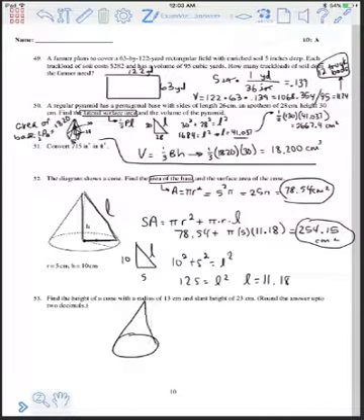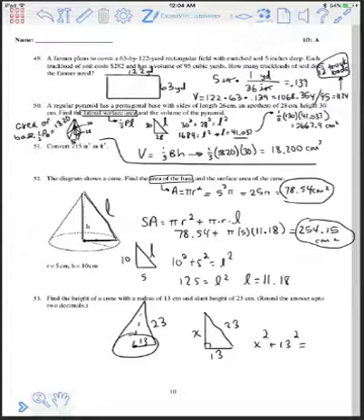The radius is 13, and the slant height here is 23, and we're supposed to figure out the actual height. So, drawing a right triangle, we don't know the height, we know the slant height and the radius. So we can use the Pythagorean theorem again. We're just finding a different part of the right triangle. We already know the hypotenuse, we're finding one of the legs.